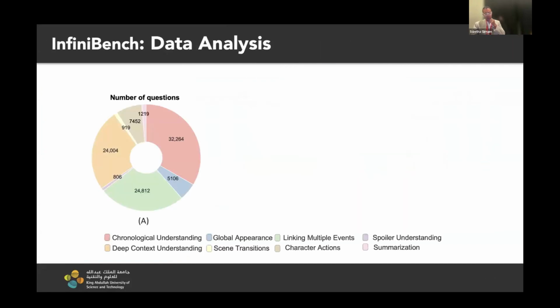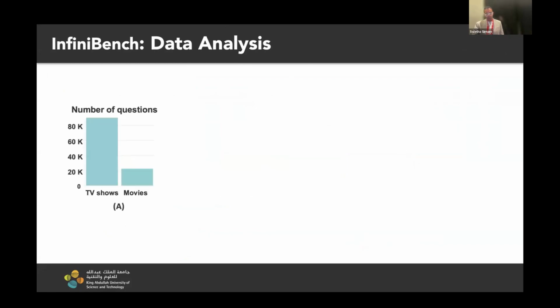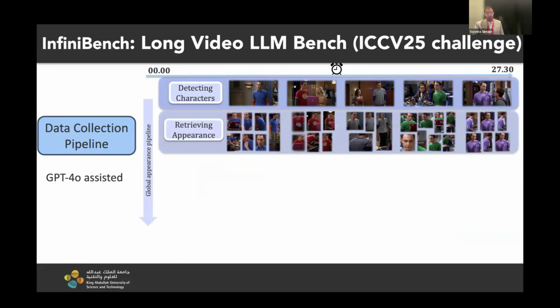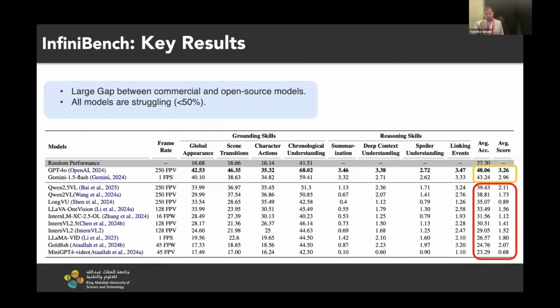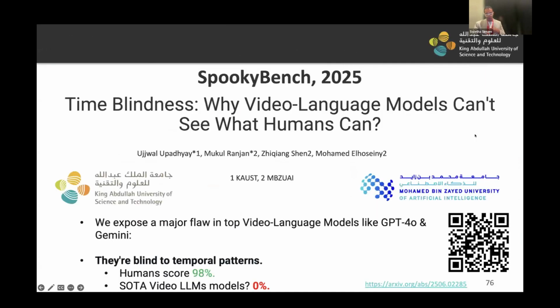These are just some benchmarks that we introduced for language reasoning, including chronological understanding, global appearance, character actions, that might be used when running a challenge for that. It was a GPT-4 assisted benchmark that has shown that existing models heavily struggle in visual understanding. And it shows that visual information is quite essential.